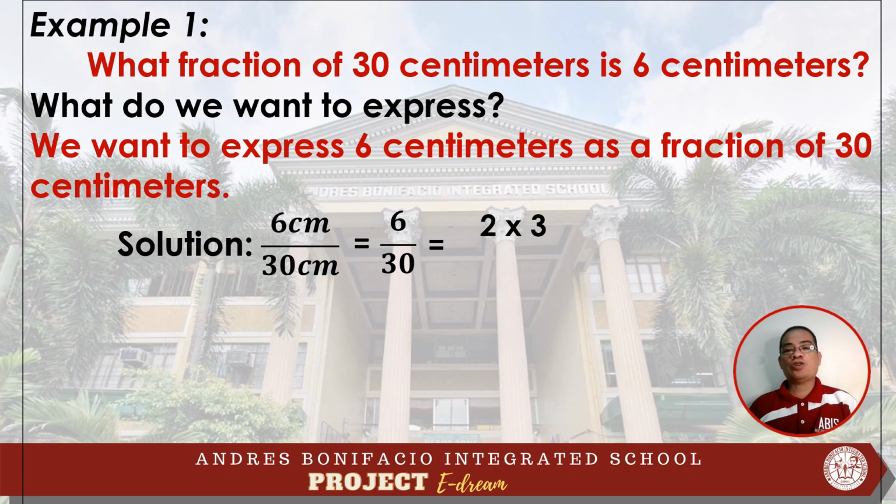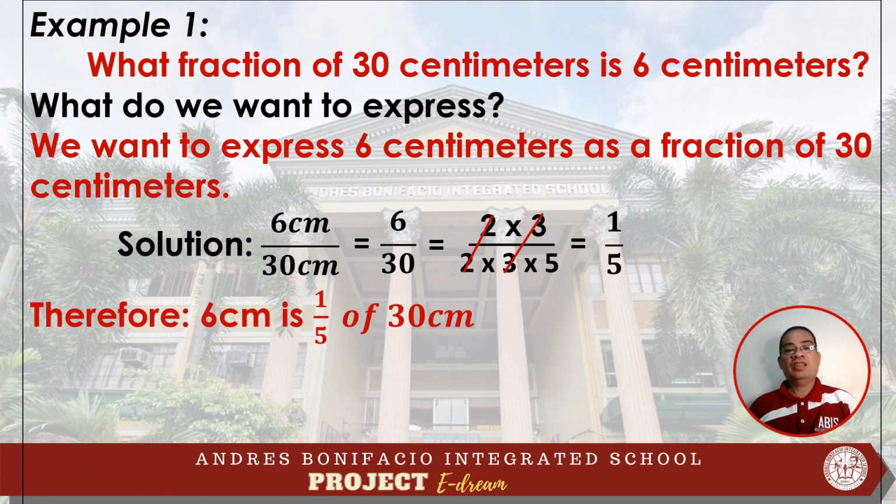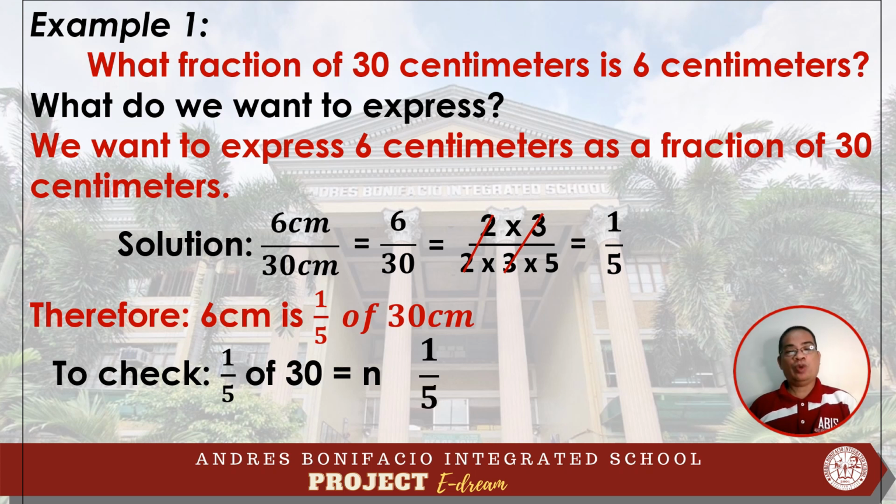Get the prime factors of 6, 2 times 3, all over the prime factors of 30, 2 times 3 times 5. 2 and 2 cancel, 3 and 3 cancel, so the answer is 1/5. Therefore, 6 centimeters is 1/5 of 30 centimeters. To check, 1/5 of 30 is equal to n. 1/5 times 30 over 1 is equal to 30 divided by 5, which is 6.